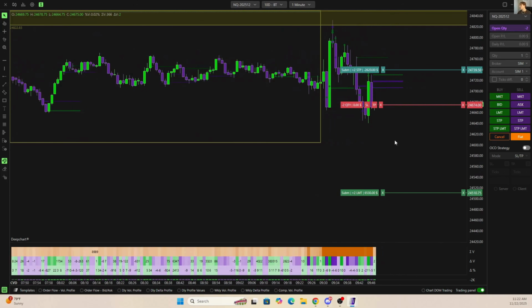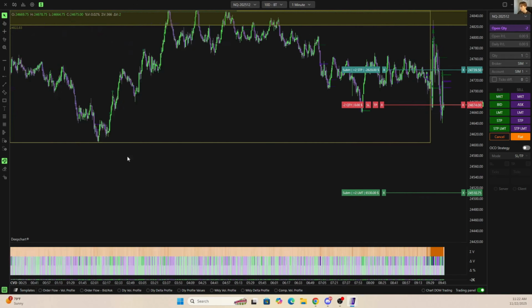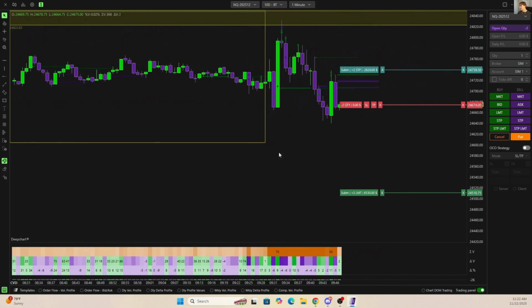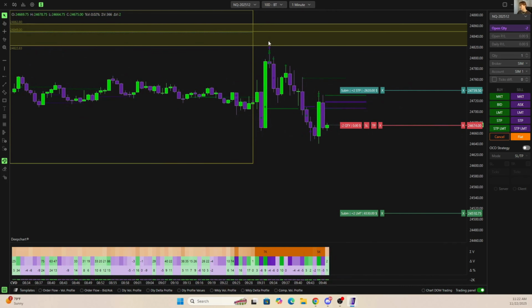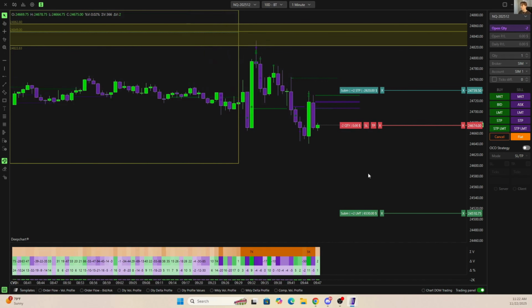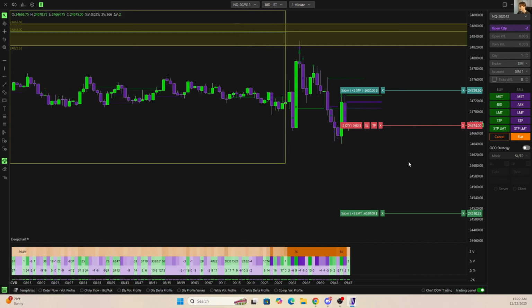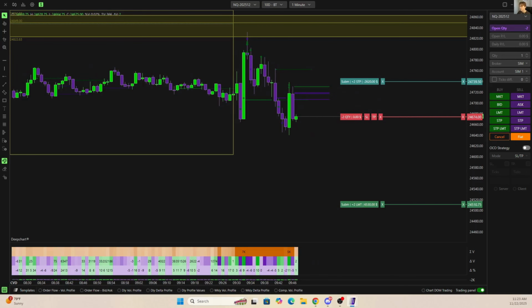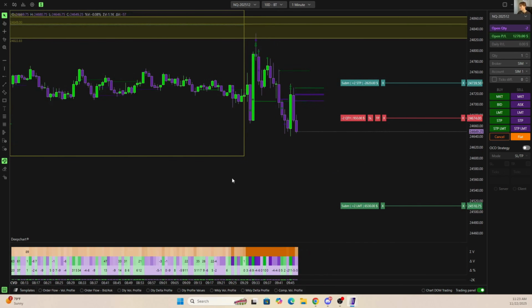Because what we do know is, yes, there is this low over here from the overnight, but buying attempts are clearly not working. So this is an area where you'd want to get in with sellers because every attempt the buyers try to push the market up, they are not being rewarded. Aggressive selling through this low.